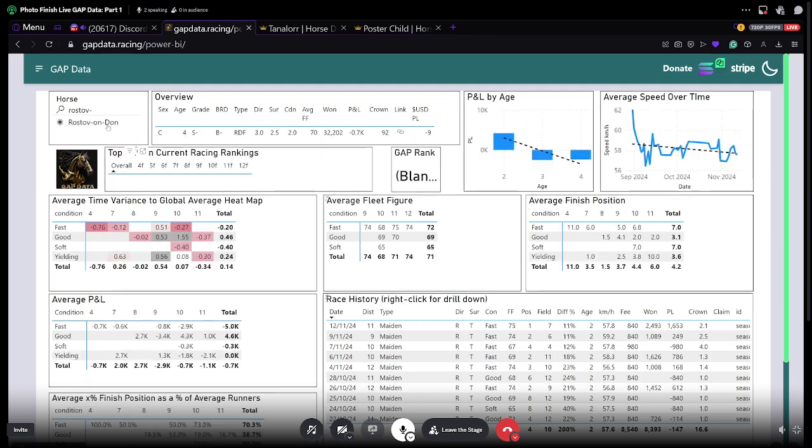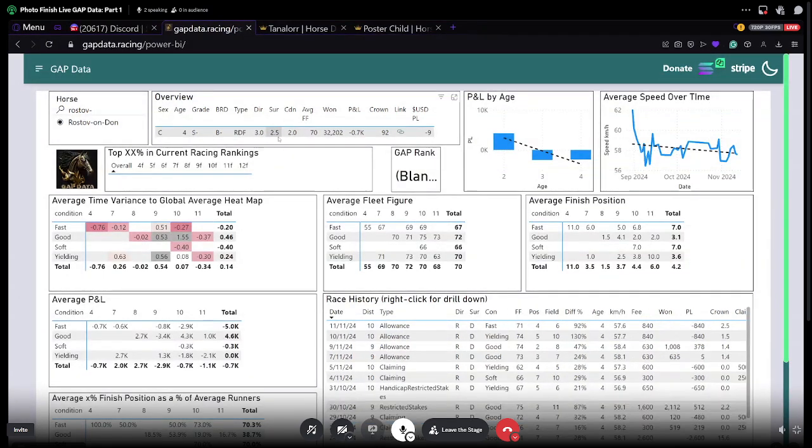I won't look at the horse first, I'll just look at the stats. Age 4, S minus. So decent up top, 7.5. Not bad. The average fleet figure was 70, which, like I said before, is kind of average for S minus.